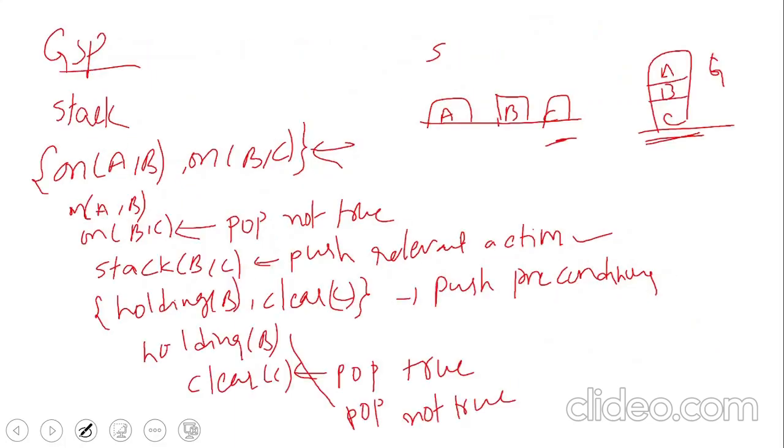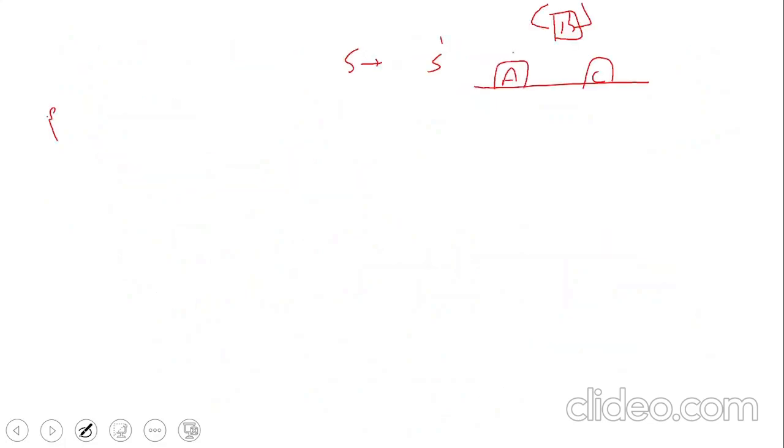Holding B, holding B, clear C. We got the first condition. Holding B is removed. So now I will get on AB, on BC. What we are having is on AB, on BC.